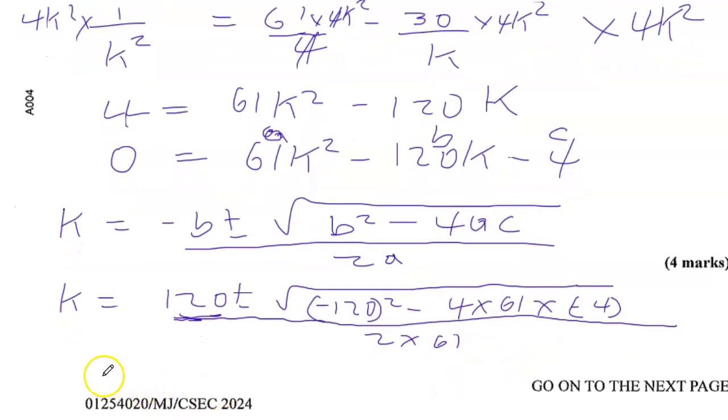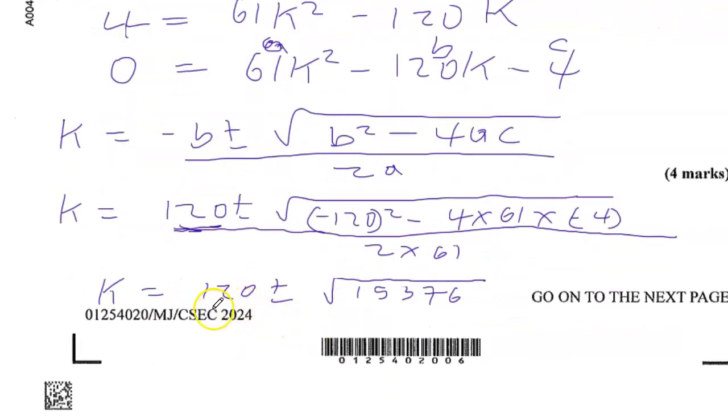So we end up with k equal to 120 plus or minus. Now everything under the square root works out to be 15,376, all over 2 times 61. 2 times 61, that's 122.